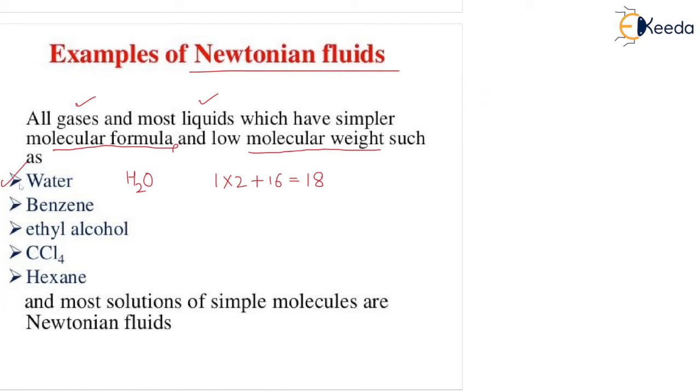So examples are water, benzene, ethyl alcohol, carbon tetrachloride, hexane. And most solutions of simple molecules, very important, simple molecules having lower molecular weight, come under the category of Newtonian fluids. Let's go to the next slide and see the examples of non-Newtonian fluids.